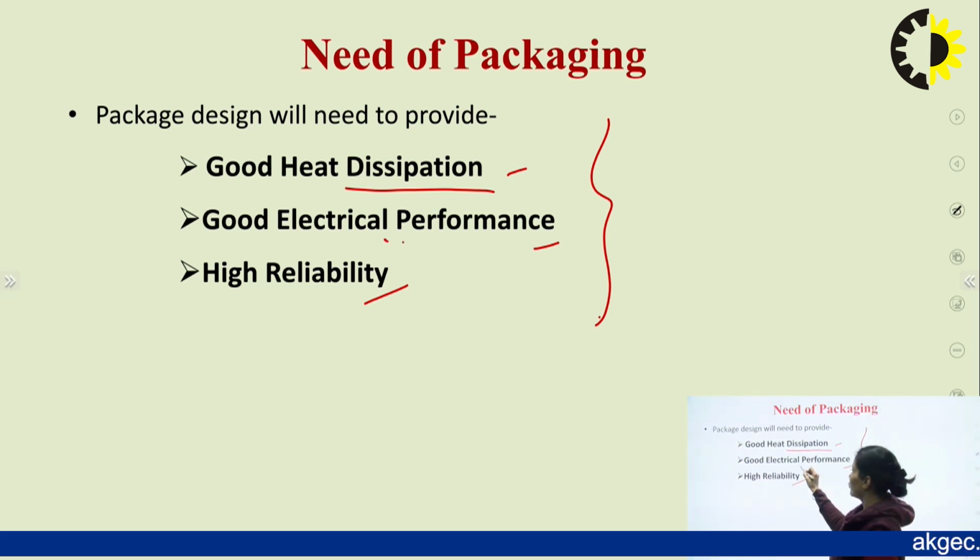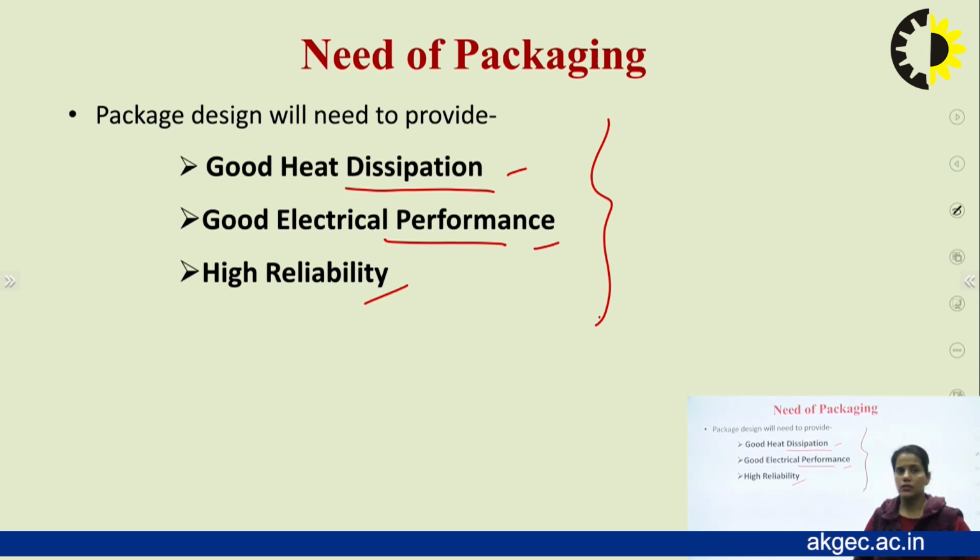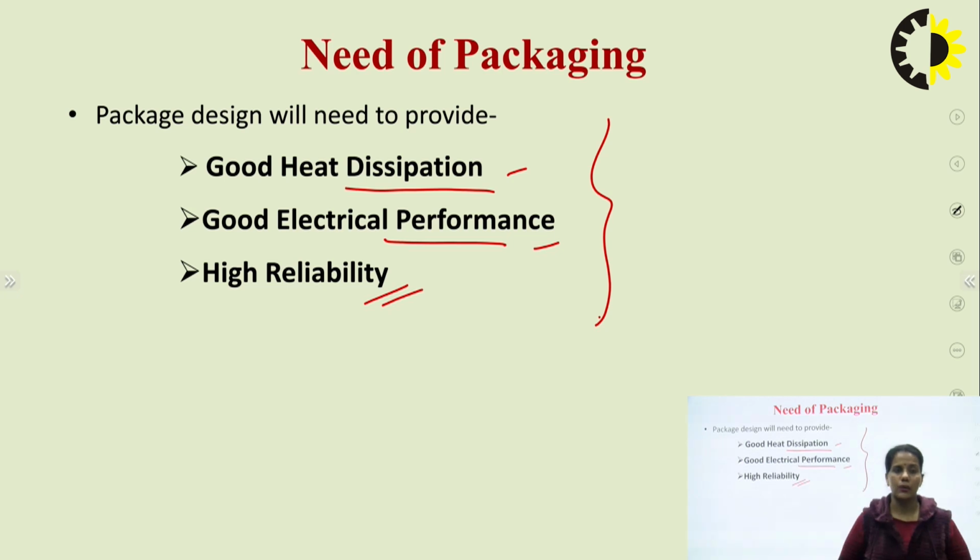Good electrical performance. Every IC should have such a packaging that it provides good electrical performance. It should not face any problems in the electrical connections during performance. High reliability. The packaging of each IC should be in such a way that it does not need replacement frequently.